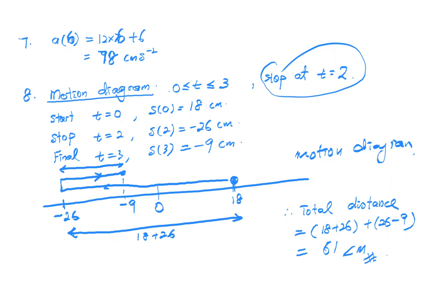Because the displacement is from the initial point to the final point. I only will ask total distance traveled. Clear? Okay. So there will be one question of kinematics like that.